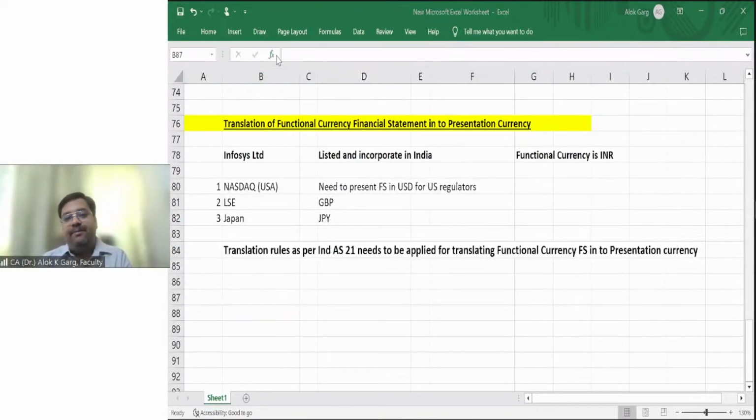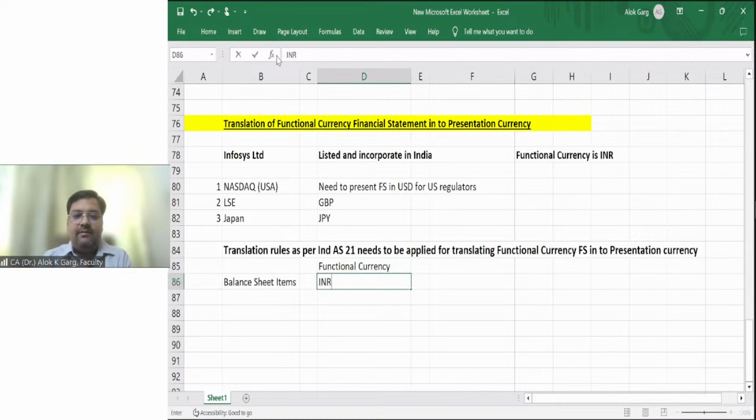Balance sheet items and P&L items. For the balance sheet, there is no monetary or non-monetary distinction, because you are converting the entire financial statement. What is my functional currency? Functional currency is INR.